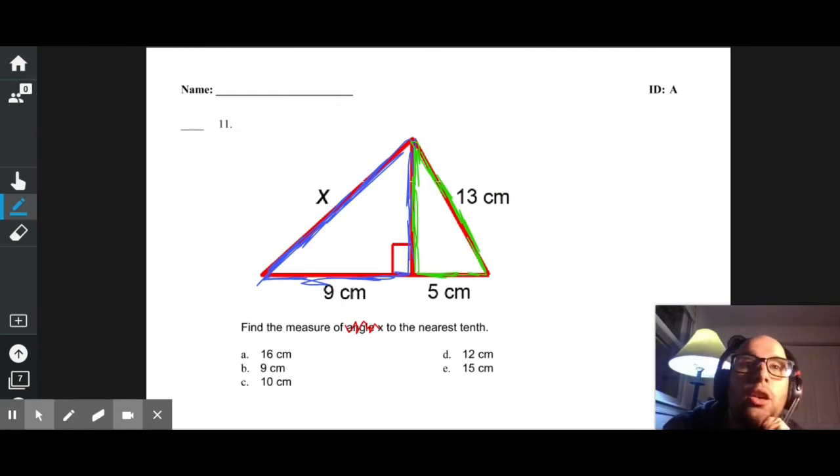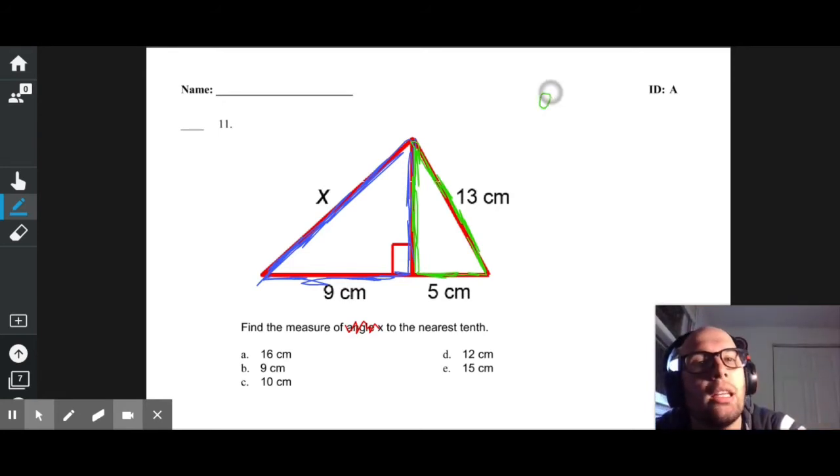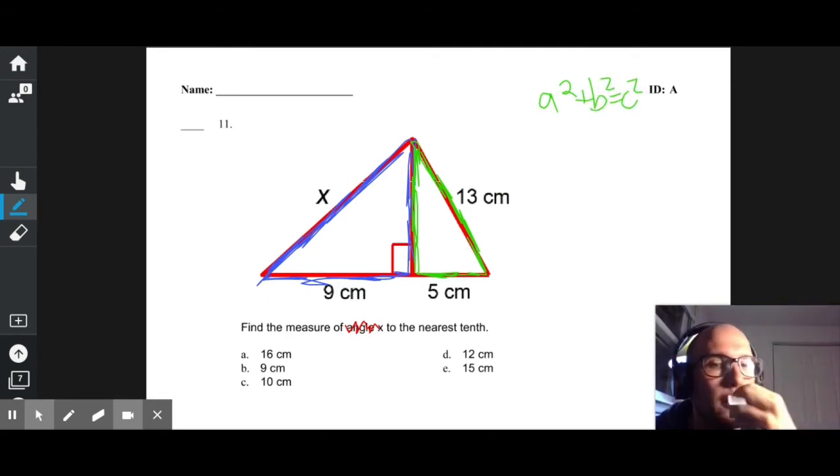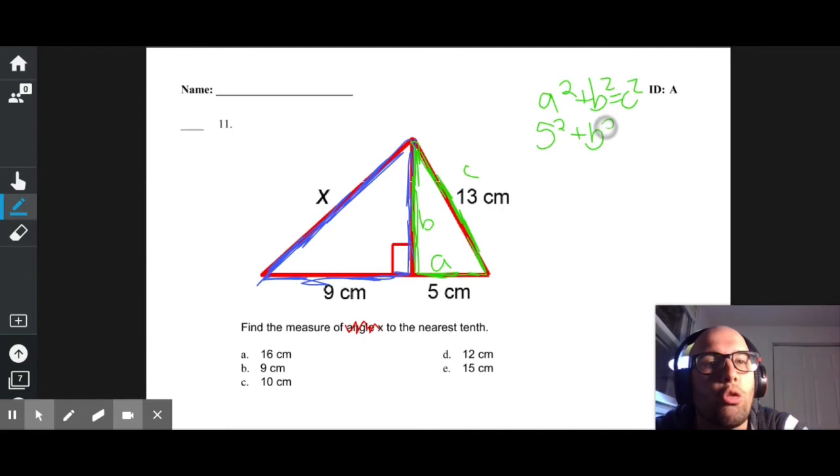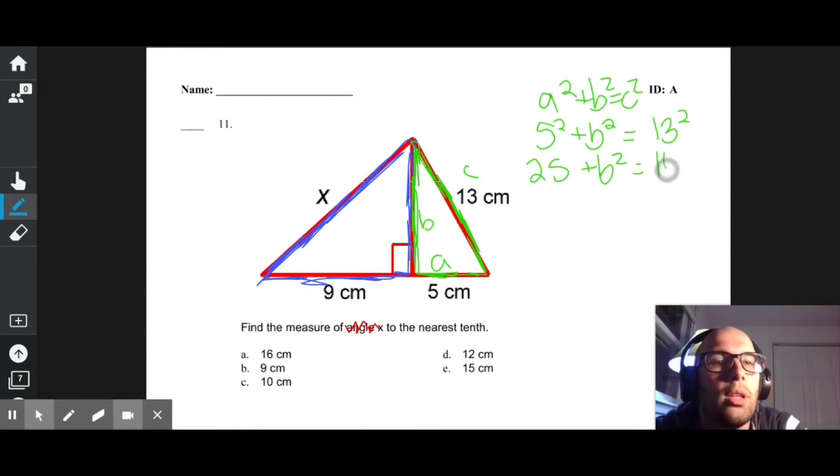So I'm using Pythagorean Theorem twice. So let's do the green triangle. A squared plus b squared equals c squared. C is 13, it has to be. I'll call you A, I'll call you B, because I don't know what you is. 5 squared plus b squared equals 13 squared. 5 squared is 25 plus b squared equals 169.